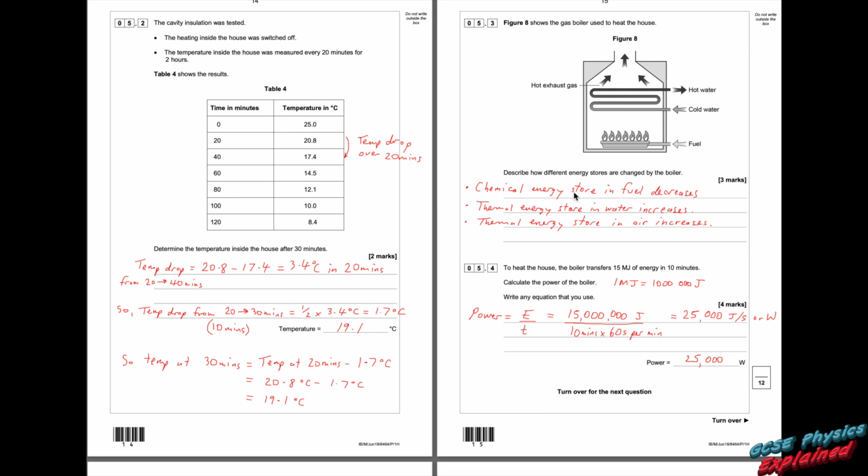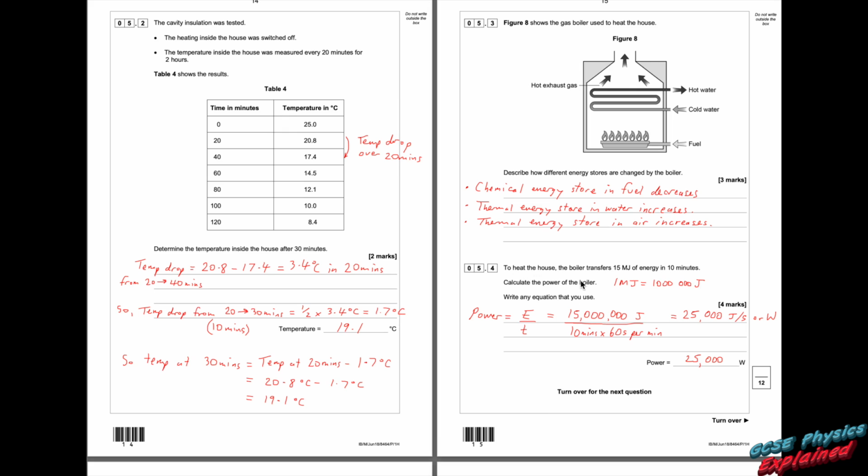So chemical energy store in the fuel is going to decrease because you're burning the fuel, and thermal energy store in the water is going to increase because the water's getting hot, and that heat is getting passed on to the air. So thermal energy store in the air will increase. And I keep on saying energy stores because that's what they say.